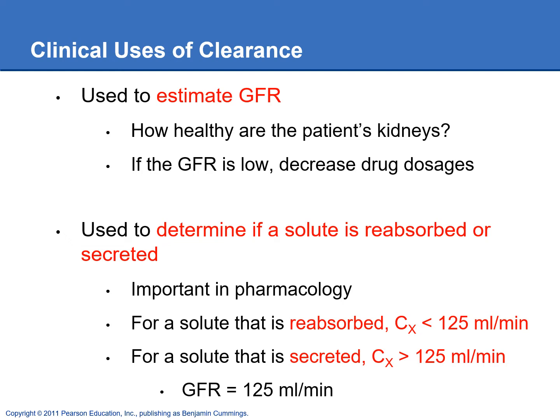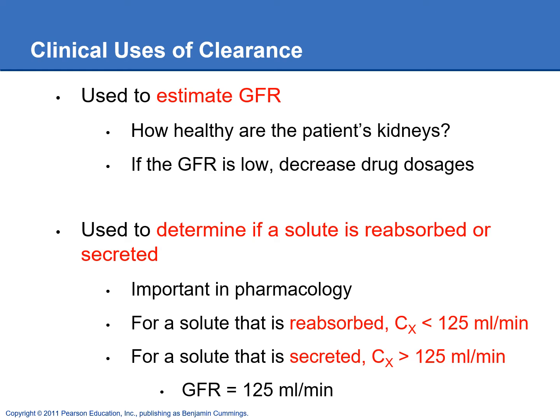And as the chronic renal failure progresses, we can actually see the GFR getting lower and lower. So it'll decrease over time, and that'll give us an idea of how fast the kidneys are declining. If the GFR is less than normal, then you do need to decrease the drug dosages for the patient.